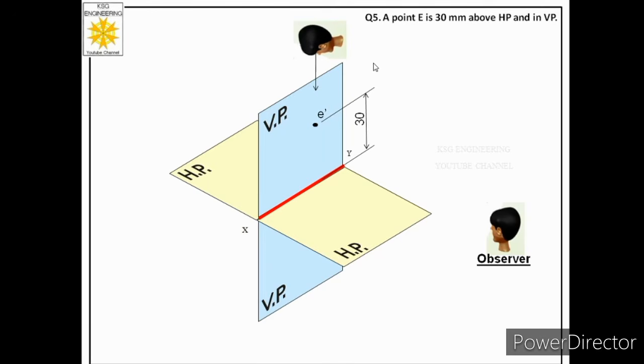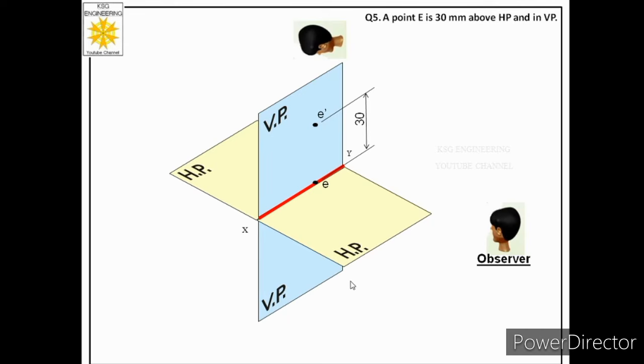Then again rays of sight from the eye of the observer will strike the point and project the image of the point onto the reference line. That image on the reference line will be the top view of the point, and we label the top view with the small letter e only.